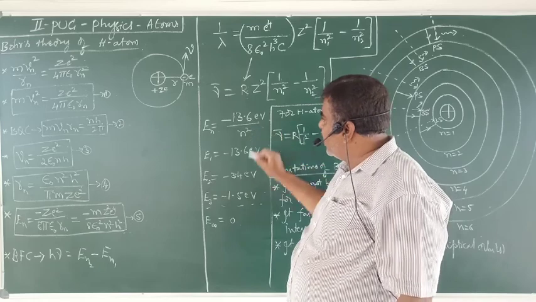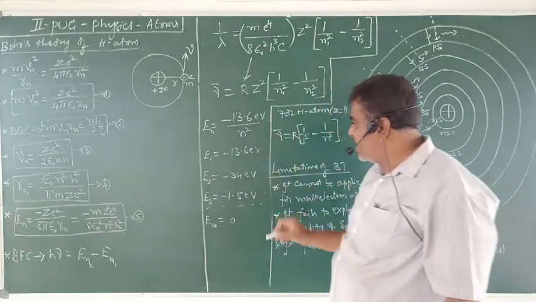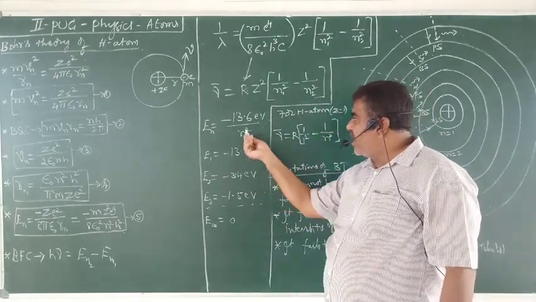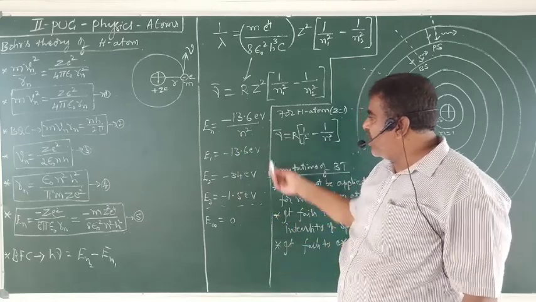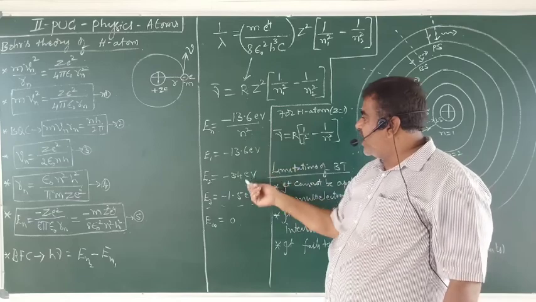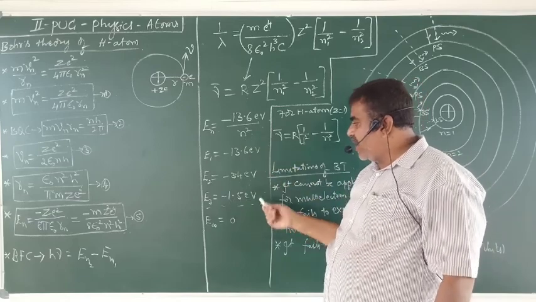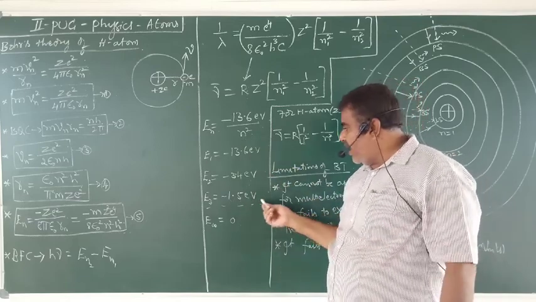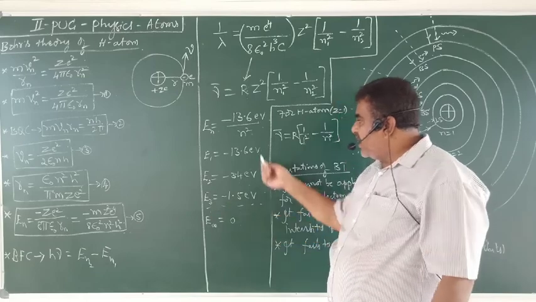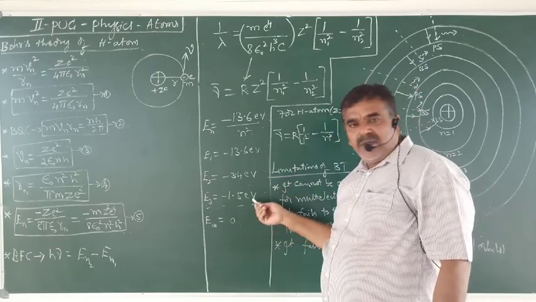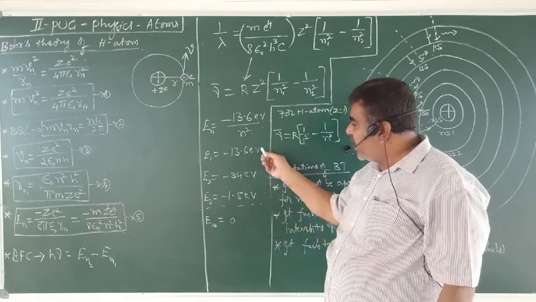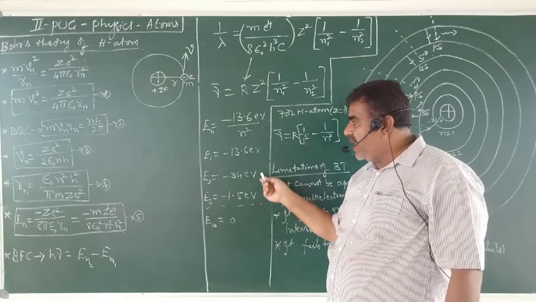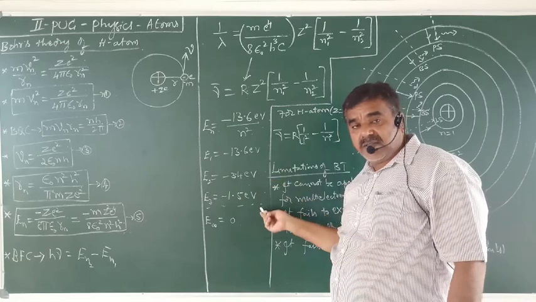For n equals 1, it is minus 13.6. For the second orbit, 2 square is 4, I get minus 3.4. For the third orbit, 3 square is 9, I get minus 1.51. Similarly, the magnitude of the negative value goes on decreasing.